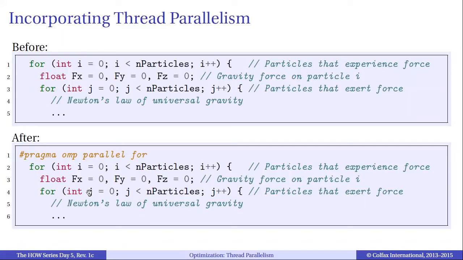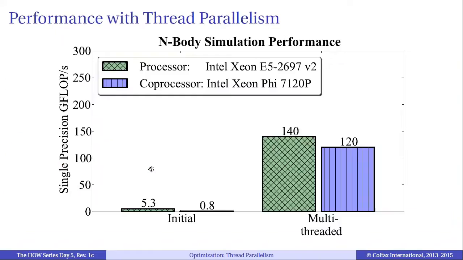And when I compute the force of interaction between this particle and every other particle, I am recording it into a thread-private set of scalars. So no problems with multi-threading. It doesn't mean that OpenMP or parallel programming is always easy, but it is easy just for the n-body simulation.